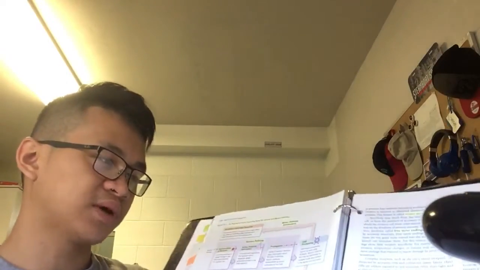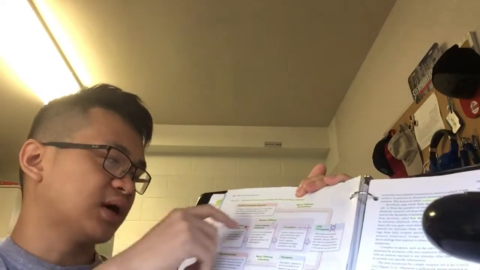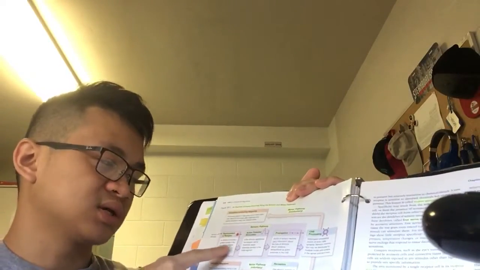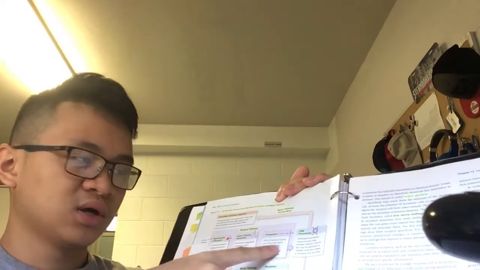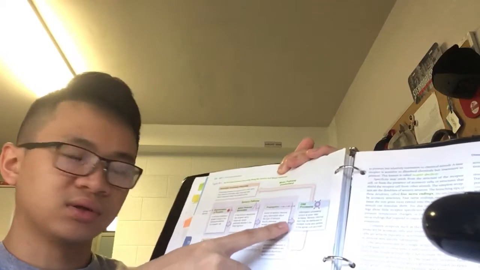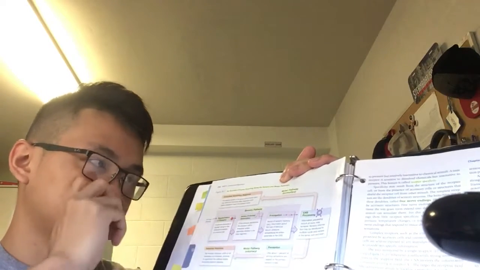First figure we talked about was this one. Of course, as we discussed in last video, the sensory pathway. So first we have a stimulus that has to come in, then there's a depolarization, produces an action potential. Propagation, then that information is processed in the central nervous system.